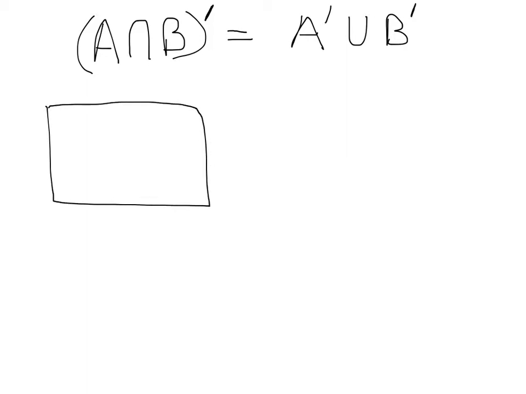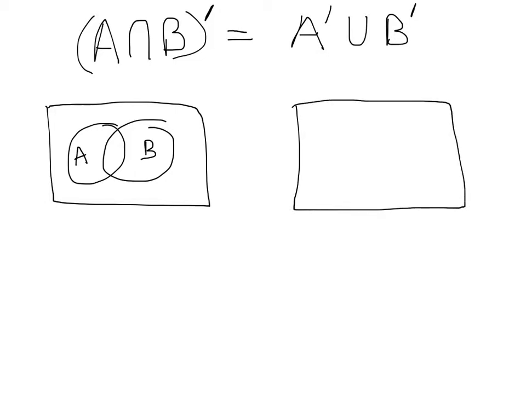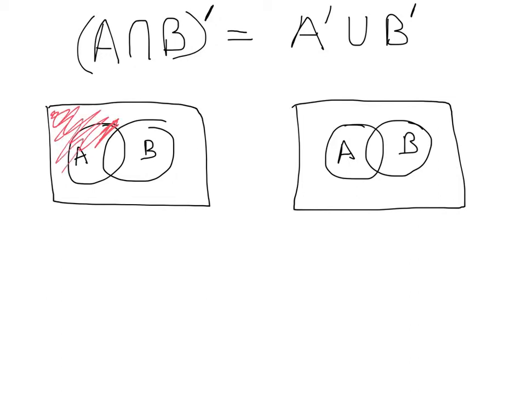All right, we're going to draw an A and a B. Over here, we'll do an A and a B. So first of all, A intersect B, we know that's in here. I take the complement of that, so anything in here is in the intersection. Complement is everything outside the intersection. So complement is anything outside that intersection.